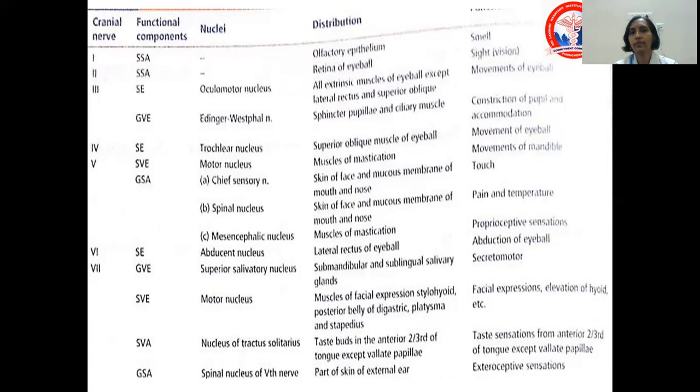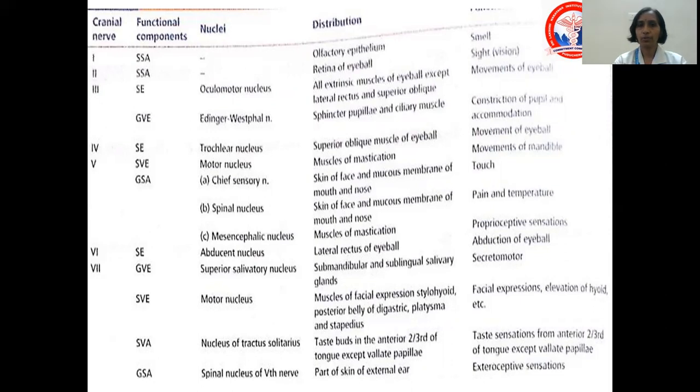One is special visceral efferent, which is branchiomotor, coming from the motor nucleus of the trigeminal nerve and supplying the muscles that develop from the muscle component of the first branchial arch, which are the muscles of mastication that are responsible for movements of the mandible which occur during speech as well as during chewing of food, that is mastication.